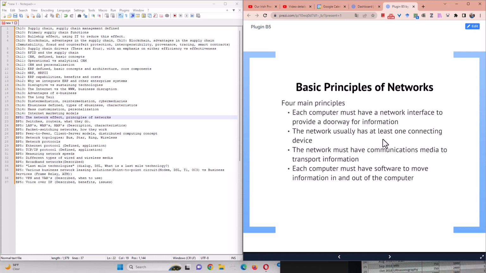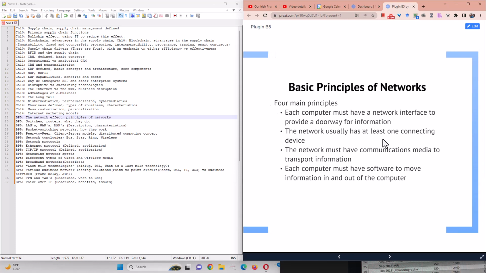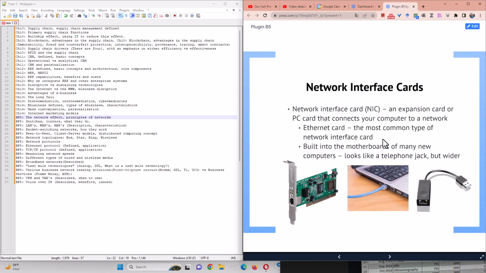That could be wire, fiber optic, or space. And then you got to have software. You got to have the protocol stack to move the information in and out of the computer.